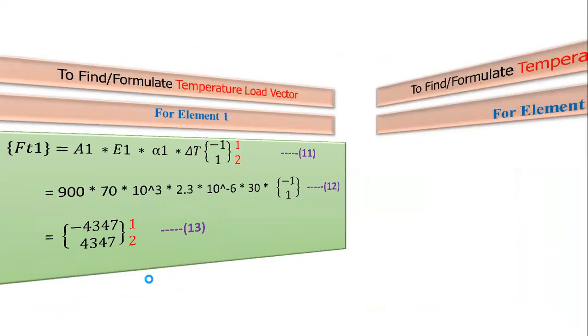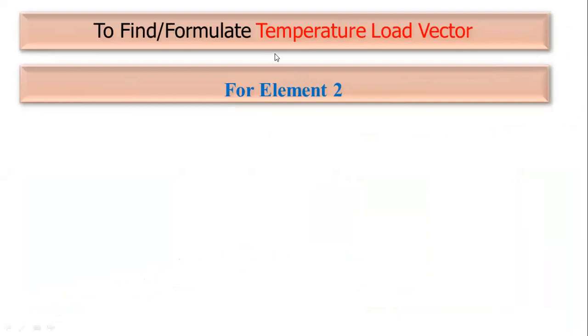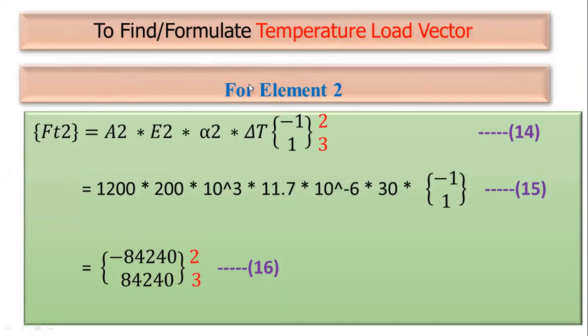Then similarly, calculate and formulate the load vector considering temperature for element 2: A2, E2, alpha 2, same temperature difference, then -1, 1 with node connectivity 2 and 3.